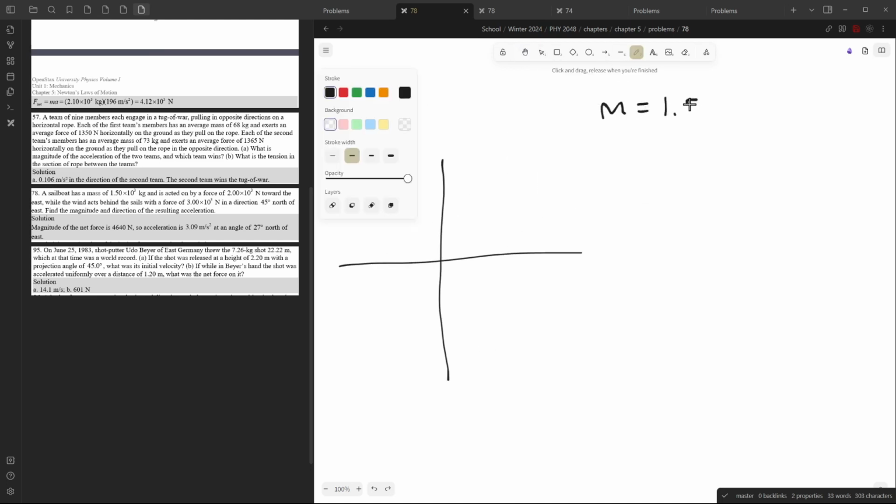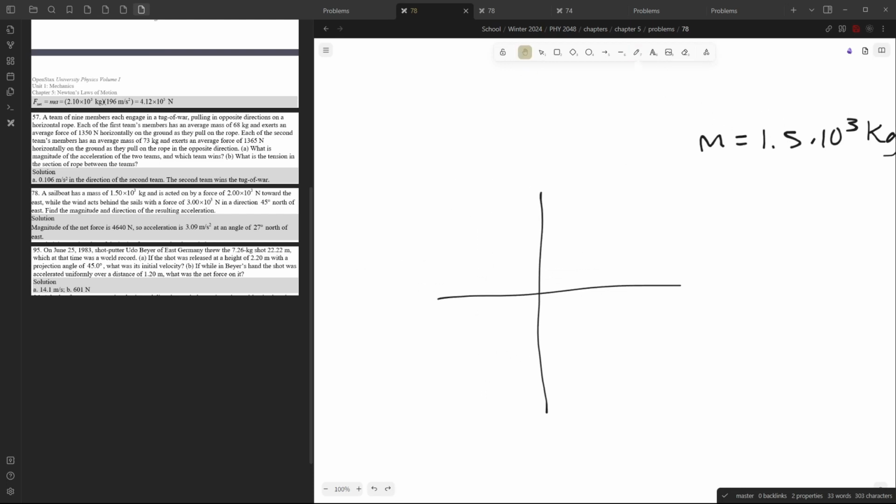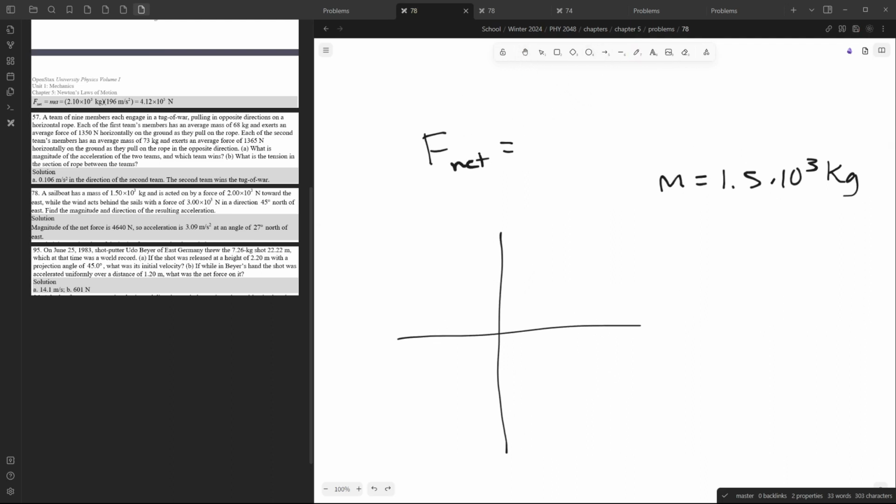M equals 1.5 times 10 to the 3 kg. There's several different forces. Let's see, F net equals... toward the east.